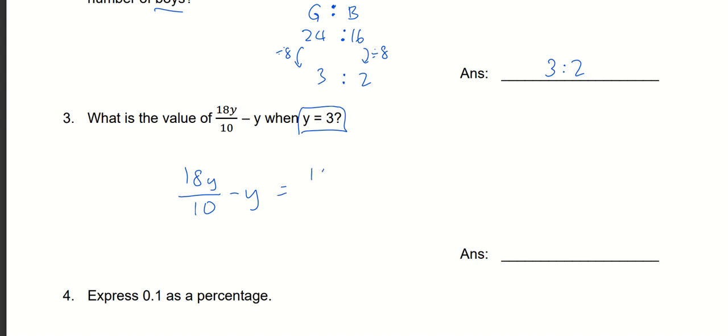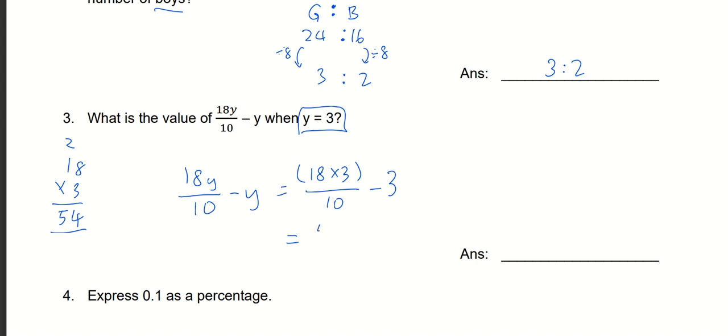I will have 18 multiplied by y. 18y is 18 times y, so it's 18 times 3. Divide by 10, then minus 3. So I can simplify this as 18 times 3. That's 54.